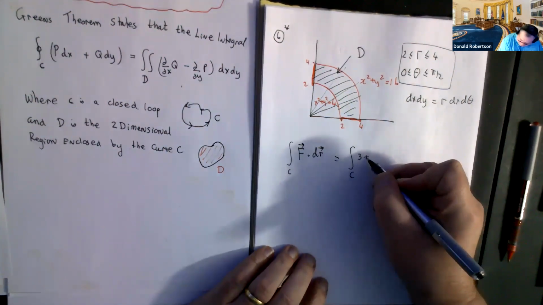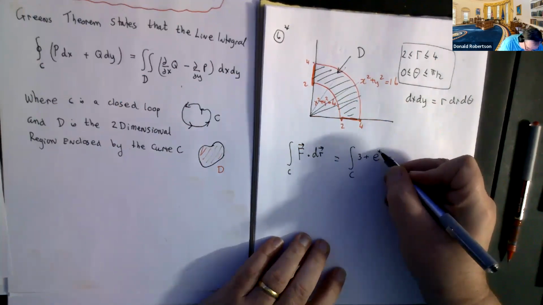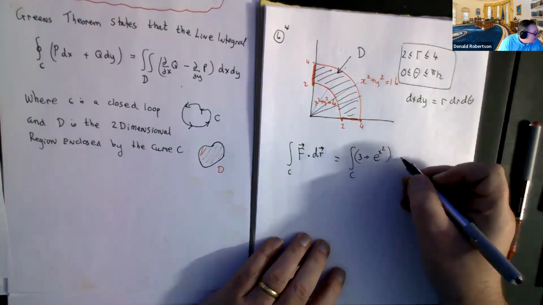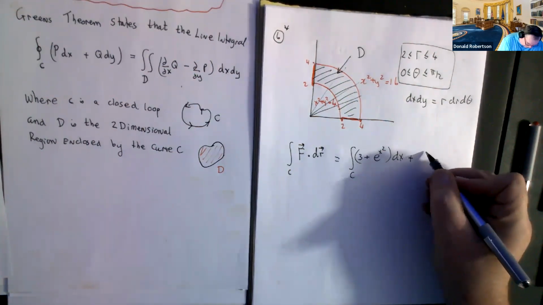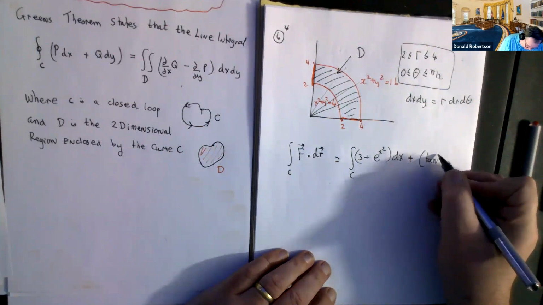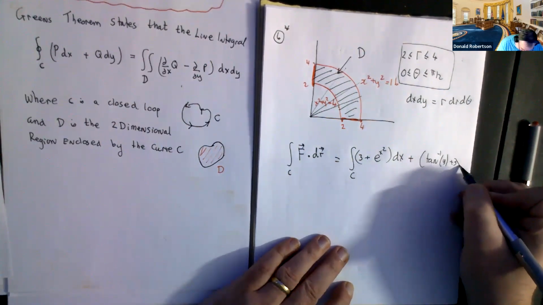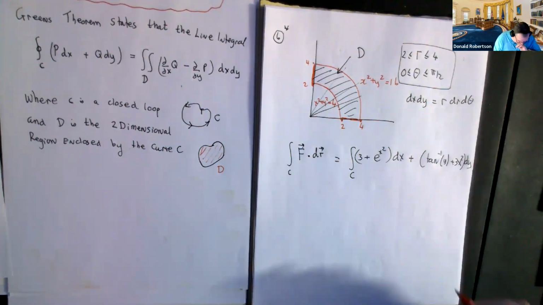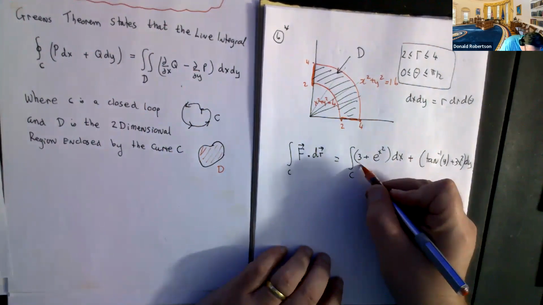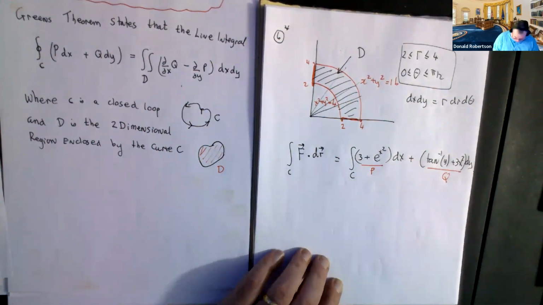Excuse me, I got a frog in the throat. 3 plus e to the x squared dx plus the inverse tan of y plus 3x squared dy. So this guy is P, this guy is Q.